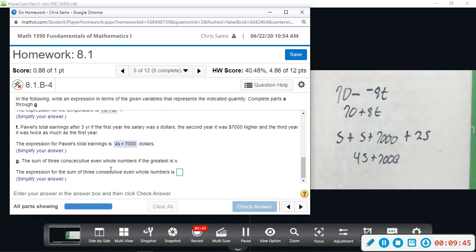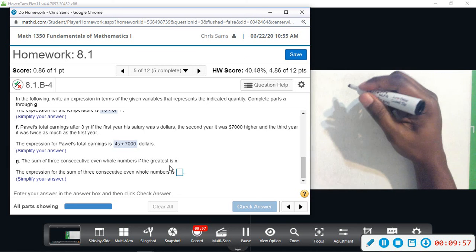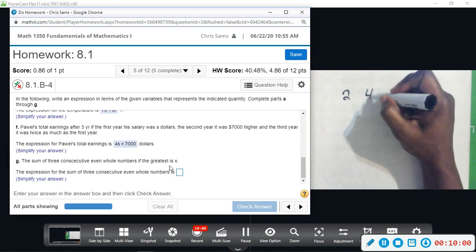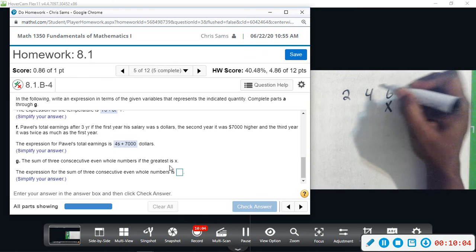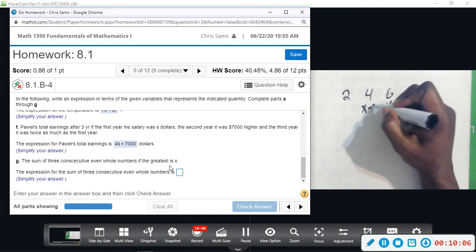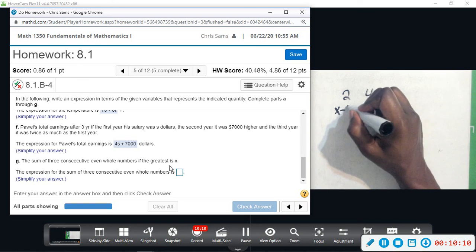Okay, G, last part. Alright, the sum of 3 consecutive even whole numbers if the greatest is x. Again, for example, 3 even whole numbers would be 2, 4, 6. The biggest one is x, so to get to the previous one we have to do x minus 2, and to that we'll have to do minus 2 again, so it'll be x minus 4.